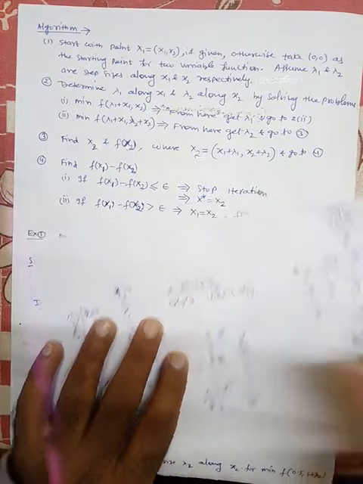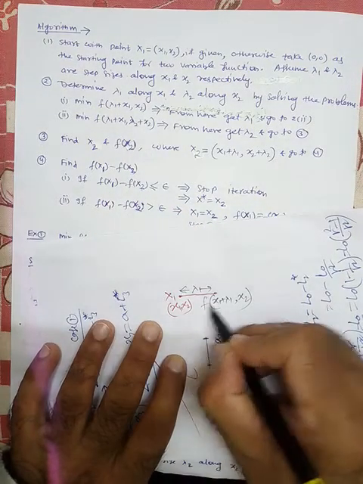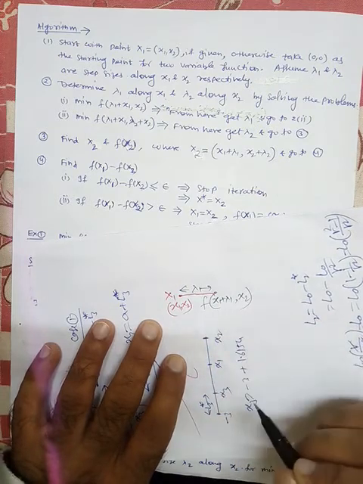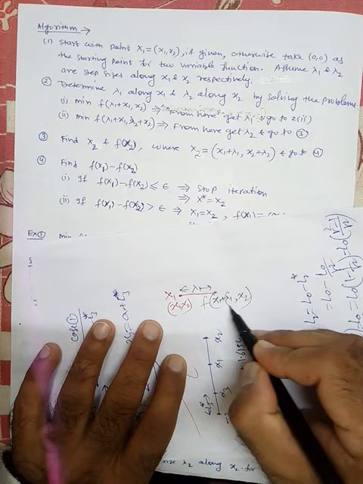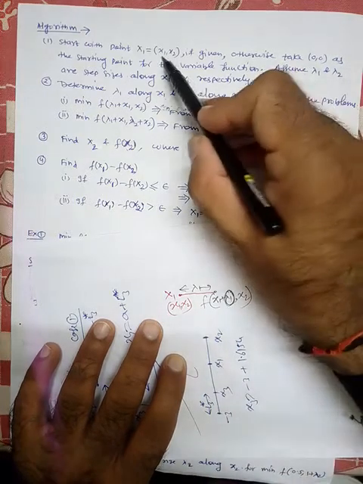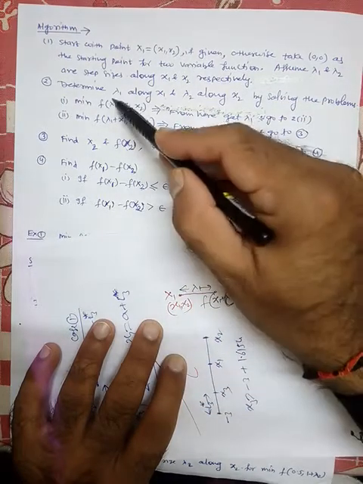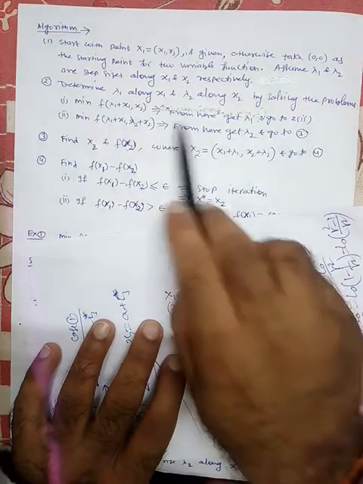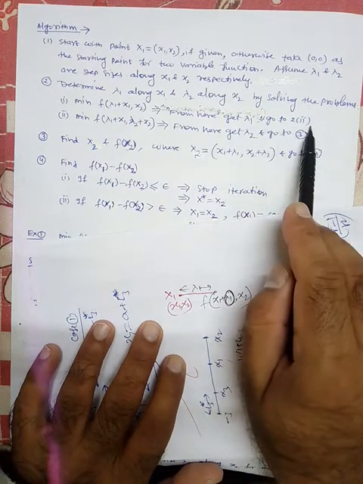That's why we have first taken this point. So the function value is evaluated at this point. Since x1 is known to you, x2 is known to you, the only unknown is lambda 1. So from here get lambda 1 and go to step number 2.